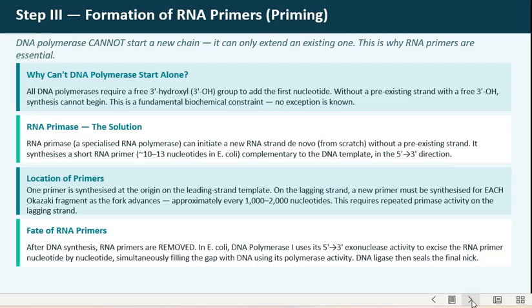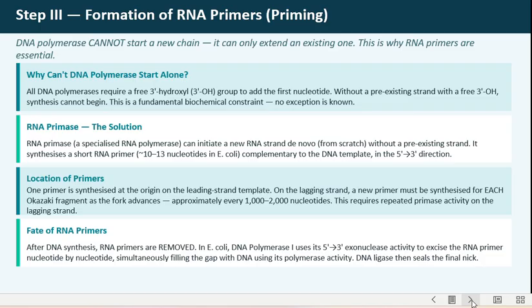Okazaki fragments can range in numbers depending on the size of the genome and the sites that can be identified as the start sites, the AT-rich sites on the lagging strand. It's one primer per about 1,000 to 2,000 nucleotides. So this means hundreds to thousands of primers per replication event on the lagging strand.